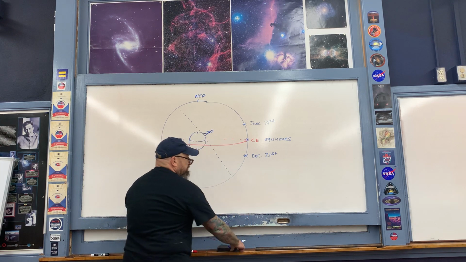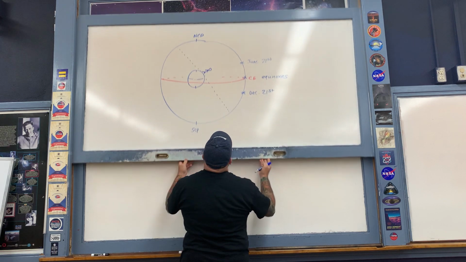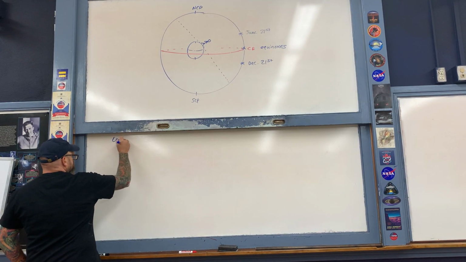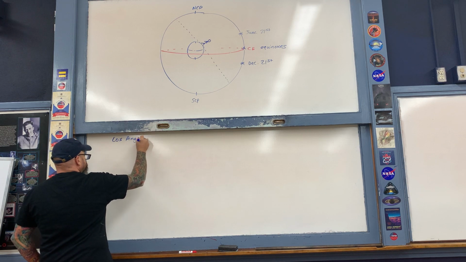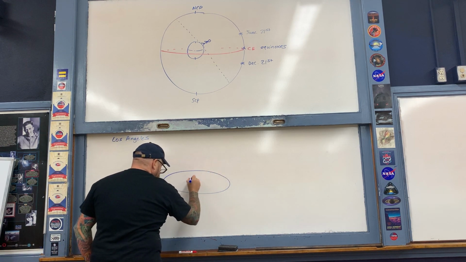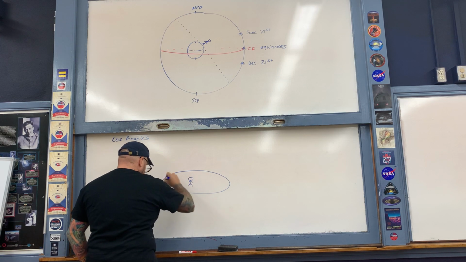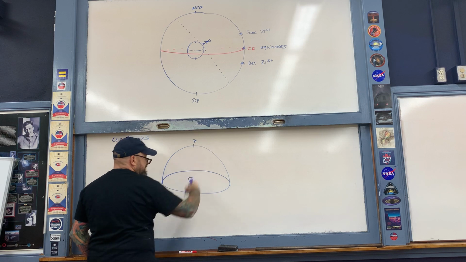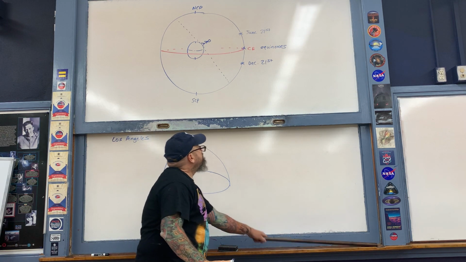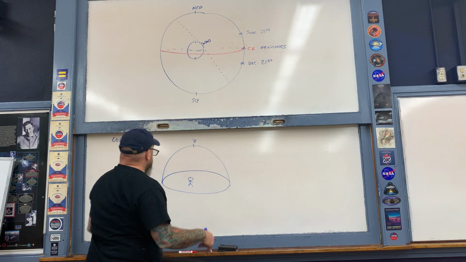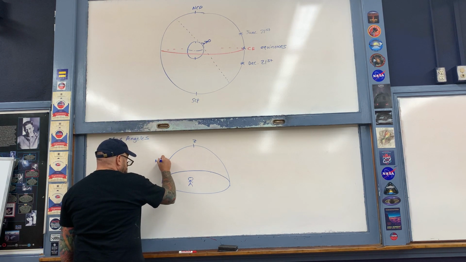Okay, now here on the board below, let me go ahead and draw that situation. Once again, here's the horizon circle. Here's the sky overhead. Here's the zenith. Okay, and then the person looks to the lower left-hand side like so and sees the North Celestial Pole.